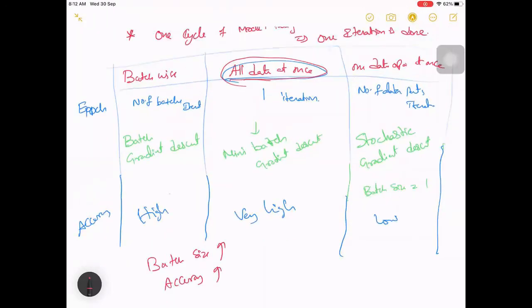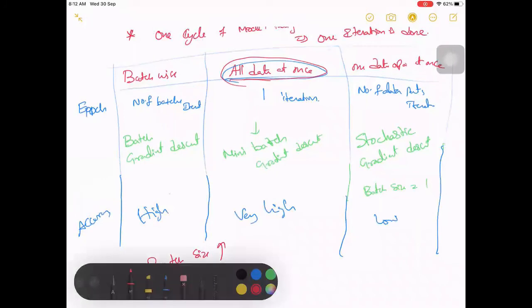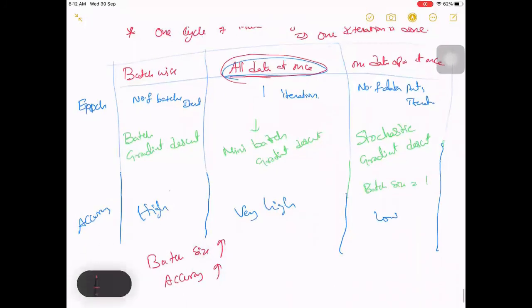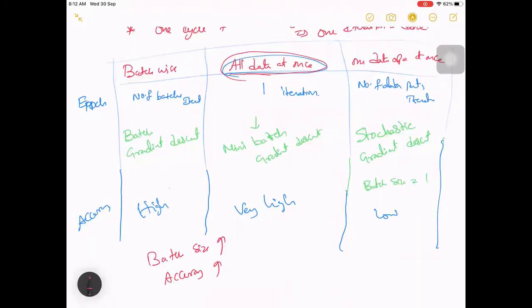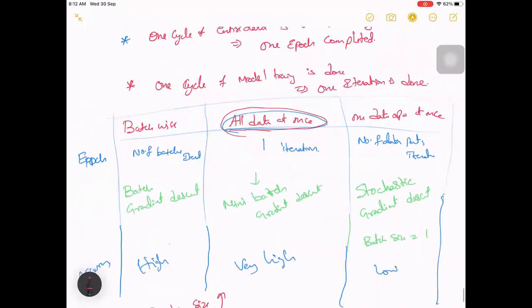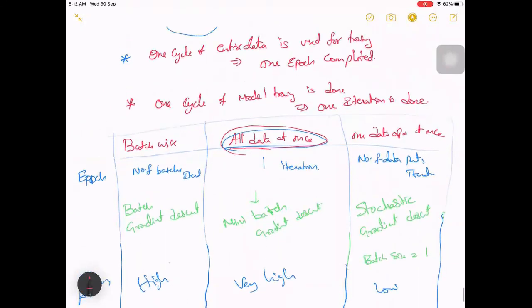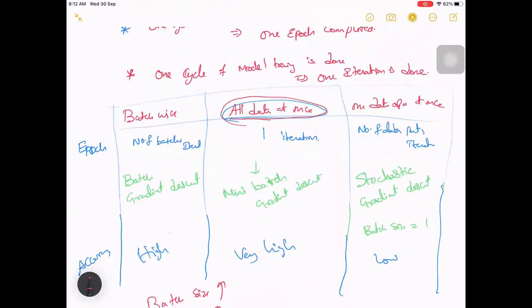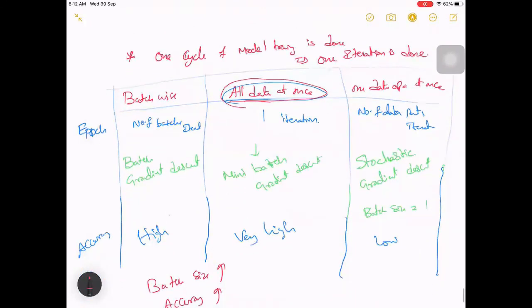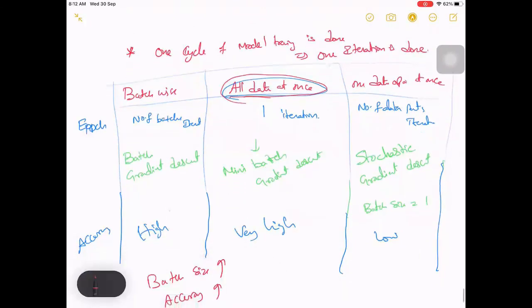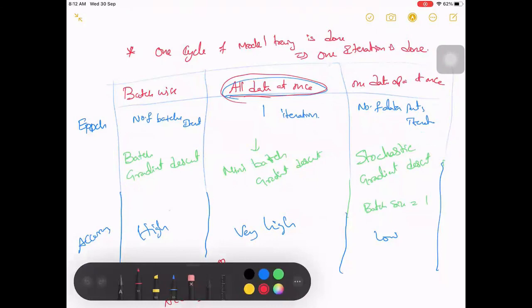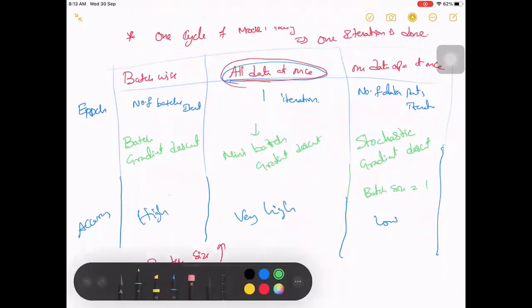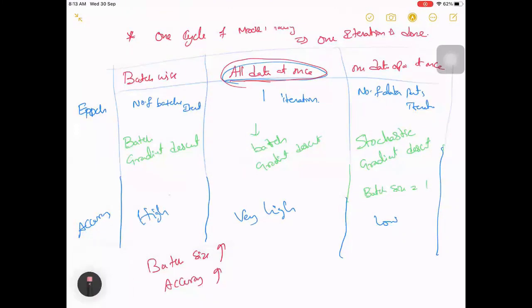Here there is a small mistake in what I told yesterday. If you remember, if you send one data point at a time, that is called stochastic gradient descent. That is fine. But these two I told in reverse. Actually, if you send all data at once, that is called batch gradient descent.